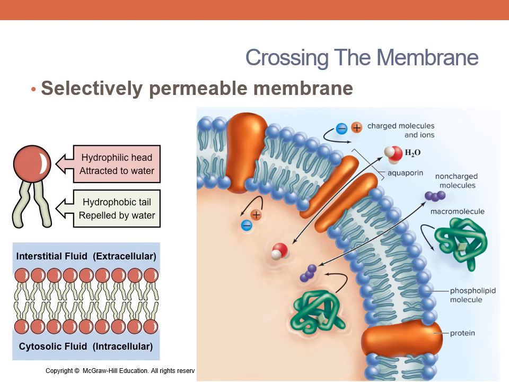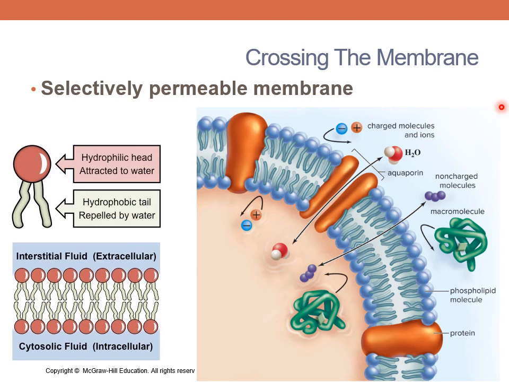The cell membrane of all organisms is made up of a bilayer of phospholipids. Recall the properties of the phospholipid molecule that has a hydrophilic head due to the negative charge of the phosphate group, and the fatty acid tails are hydrophobic, or they have no charge.